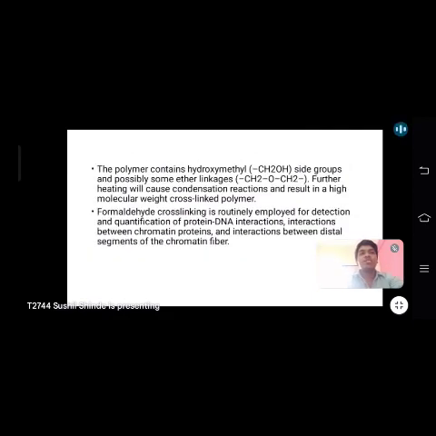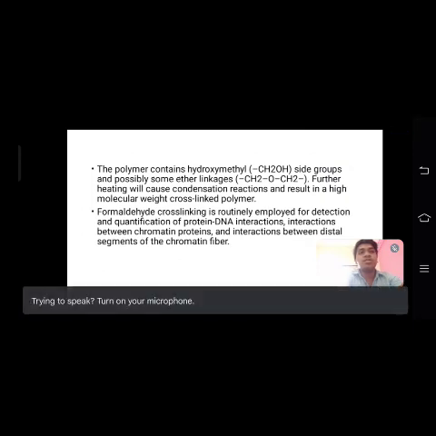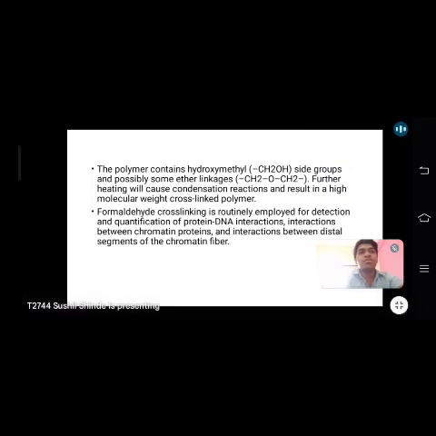In the next slide, we can see the formation of it. That phenol is used in the polymer. The polymer contains hydroxymethyl CH2OH groups and possibly some ether linkages. Further heating could also condition reaction and result in high molecular weight. In a cross-linking polymer, there is also an OH group that is linked in a polymer chain.